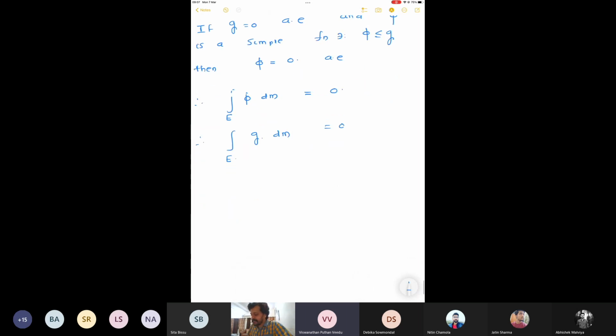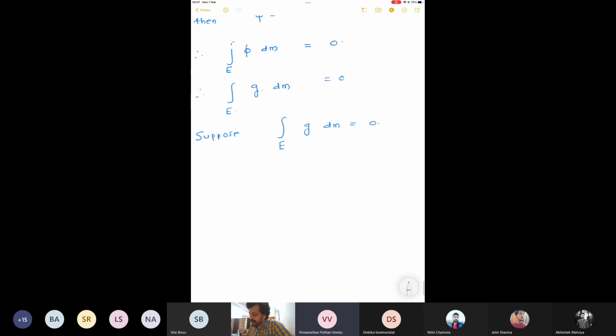Now converse. Suppose integral over E of g dm is 0. I have to prove that g equal to 0. To be precise, g equal to 0 almost everywhere. Let us consider En equal to, remember g is non-negative, set of all x such that g of x is greater than or equal to 1 by n.